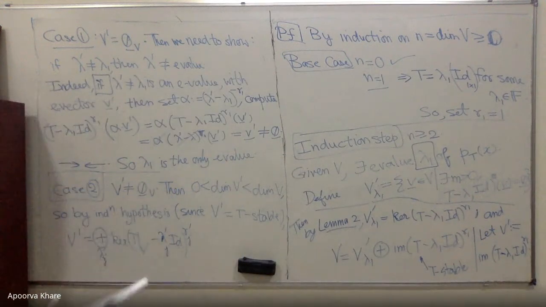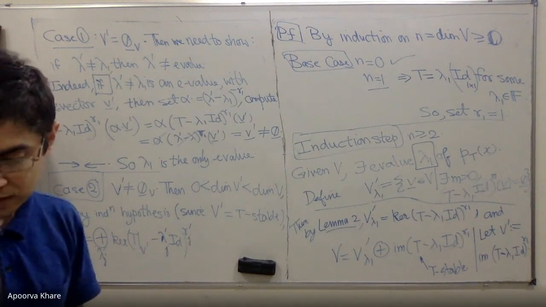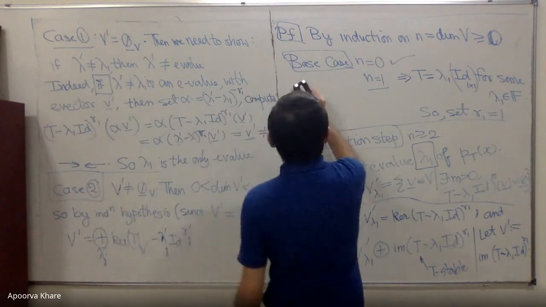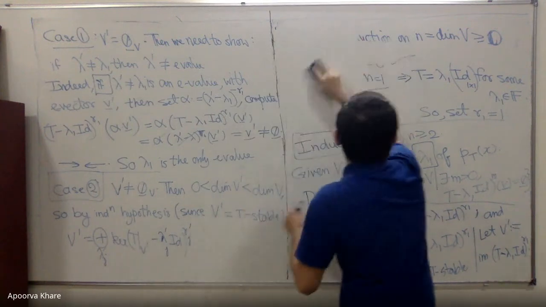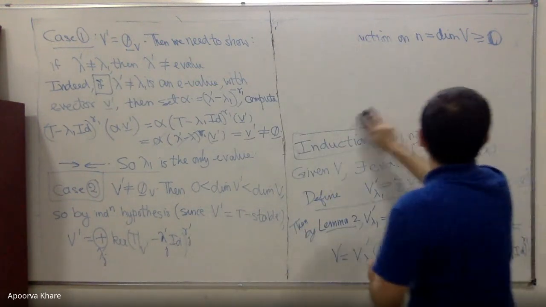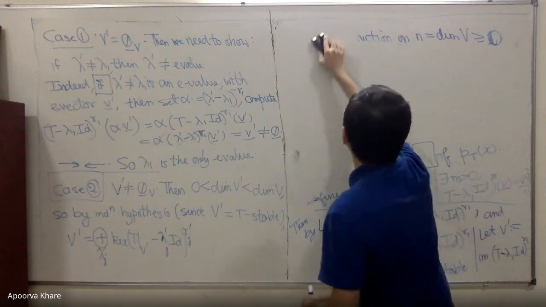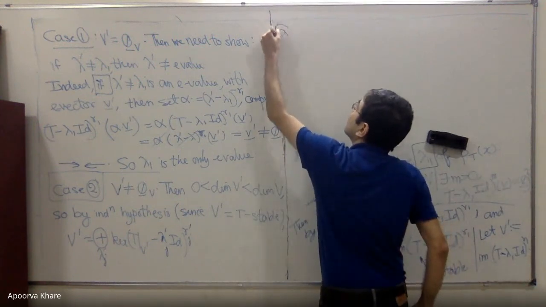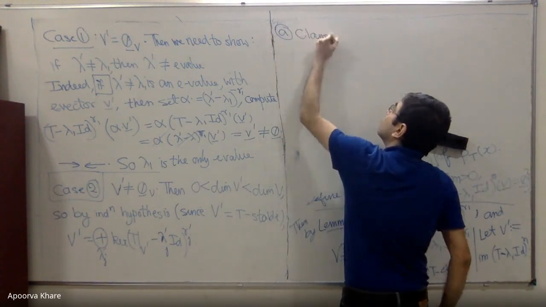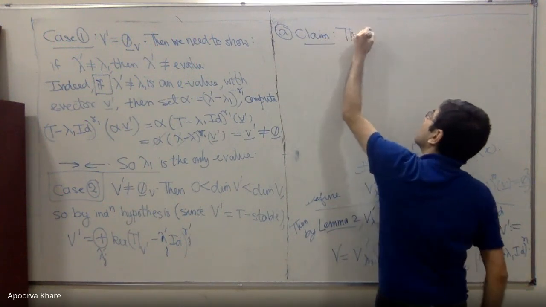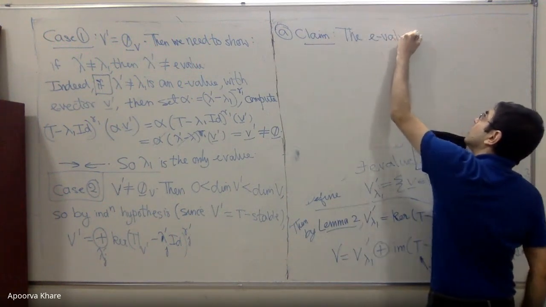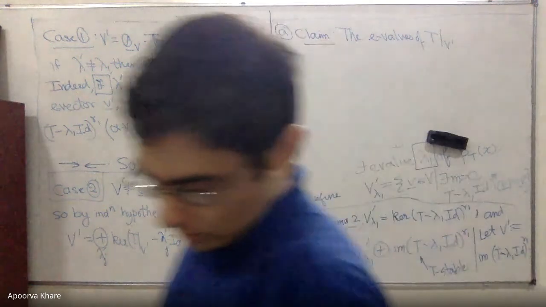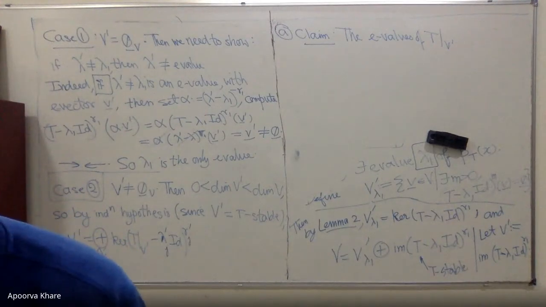Okay, so now we have to prove a bunch of things. The first thing is that these lambda prime j's are exactly lambda 2 through lambda k. Lambda 1 does not occur. Maybe I'll call it part A claim.